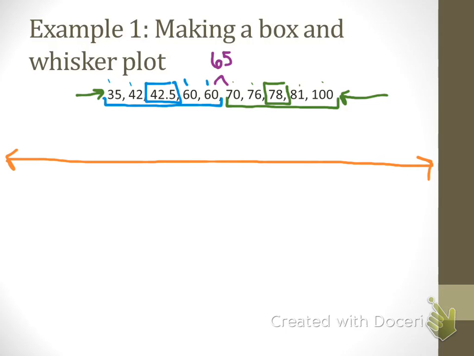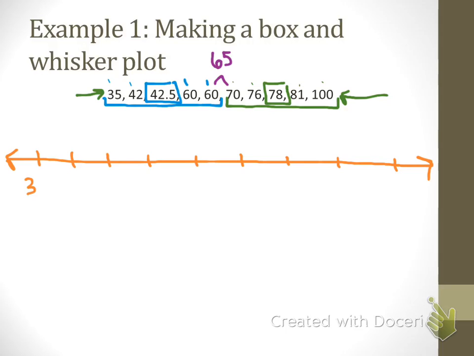What number do you think you're going to start your number line with? You always want to start a little bit below the lowest number of your data set. Since 35 is the lowest number, I want to start with 30.